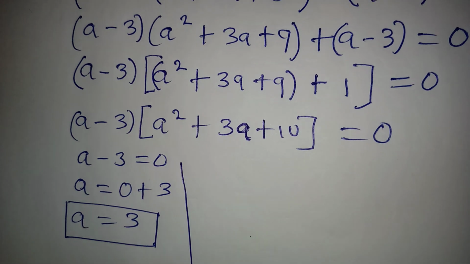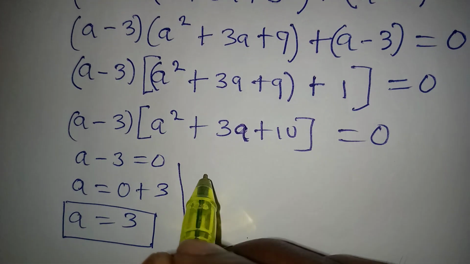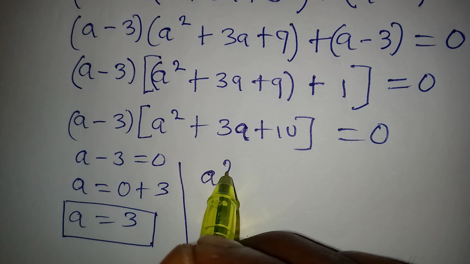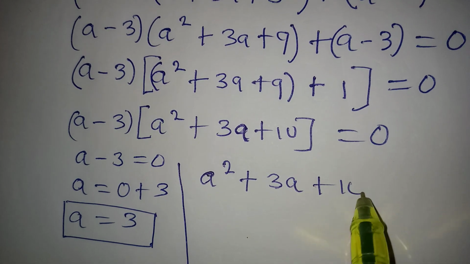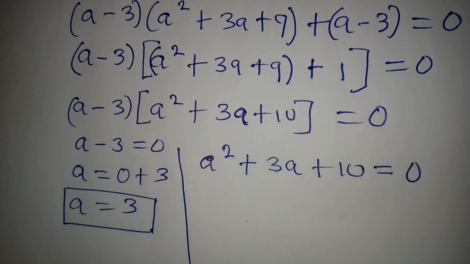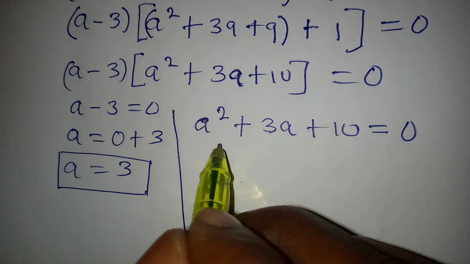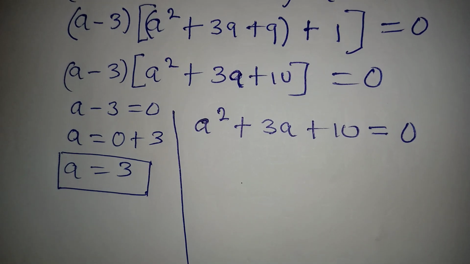But then, since we are solving this completely, we'll pick this quadratic expression and equate it to 0. A to the power of 2 plus 3a plus 10 is equal to 0. And then from here, we are going to get our quadratic formula, right?